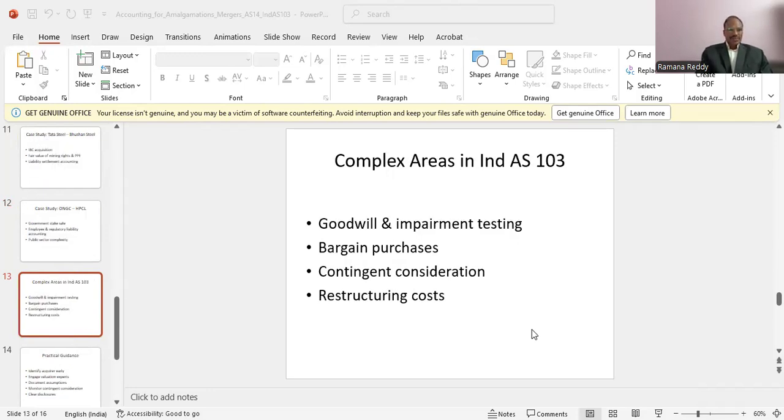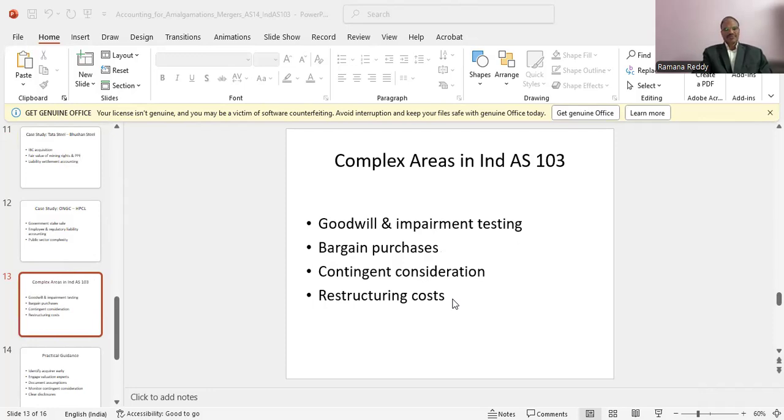And the complex areas and professional judgment. Some of the most challenging areas in Ind AS 103 include goodwill measurement and impairment testing, requiring reliable forecasts, CGU allocation and sensitivity analysis; bargain purchases, rare but must be reassessed to ensure no errors; and contingent consideration, estimating probabilities and updating fair values.